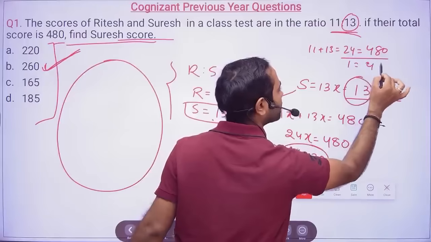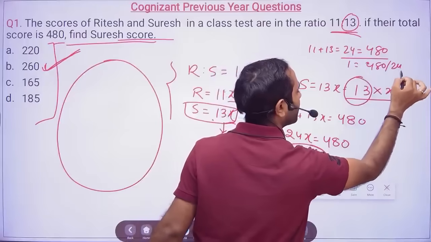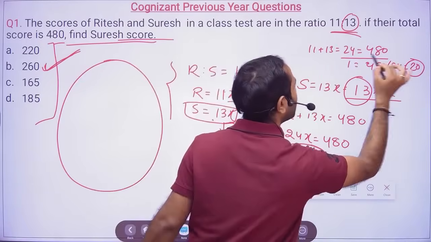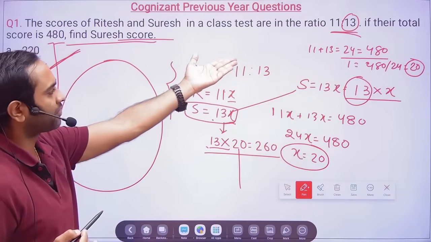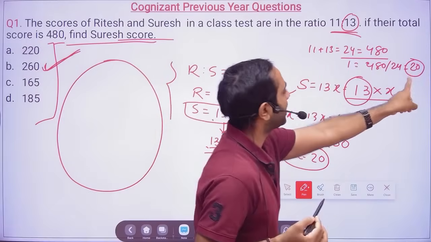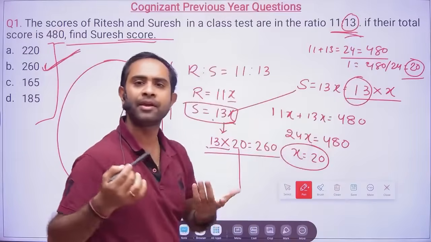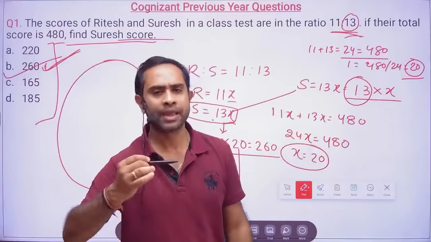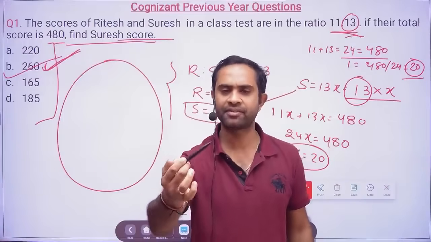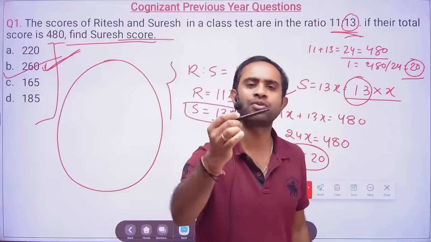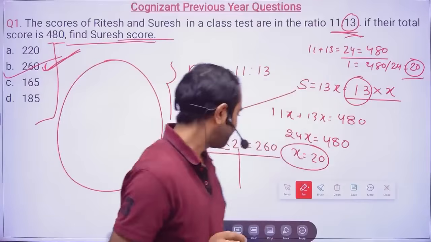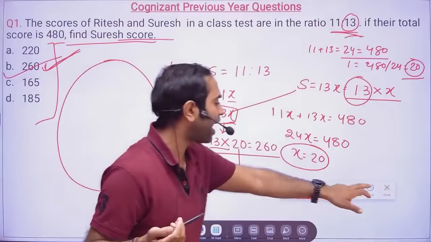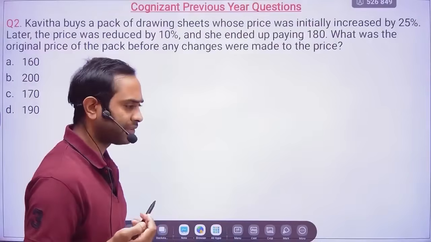So 1 unit is equal to 480 by 24, that is nothing but 20. Now they want Suresh's marks. So 1 unit is 20, so 13 units will be 260. Then also we will be easily able to find it, even though, my dear friends, there are two options which are divisible by 13. So this is how you have to tackle the problem in the examination.